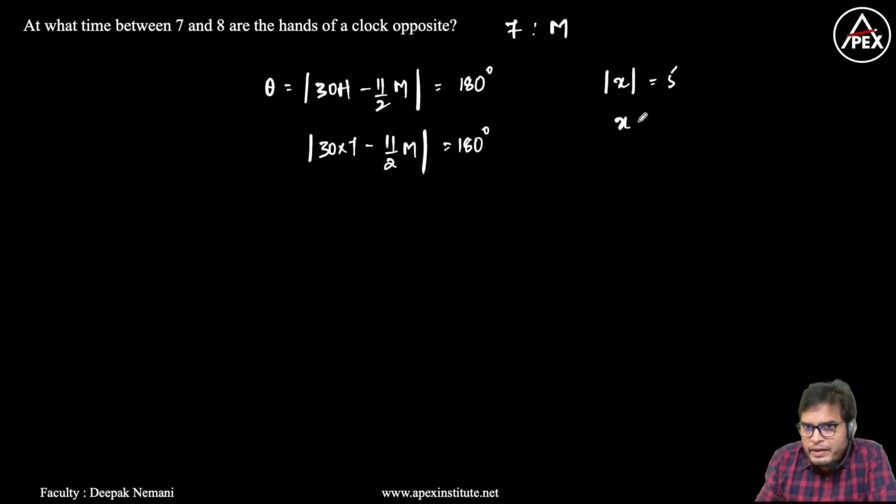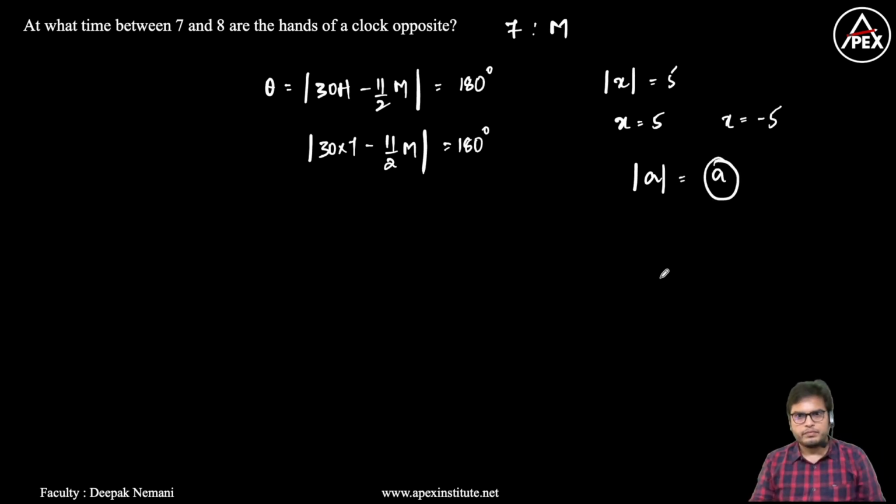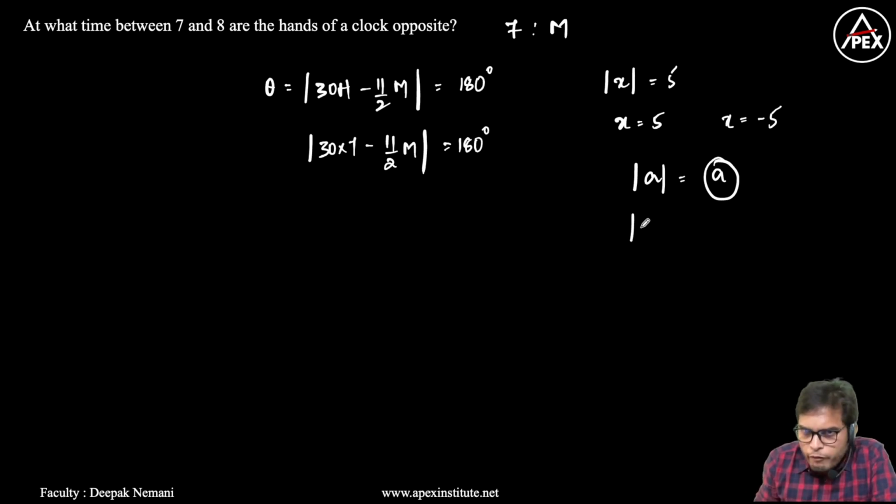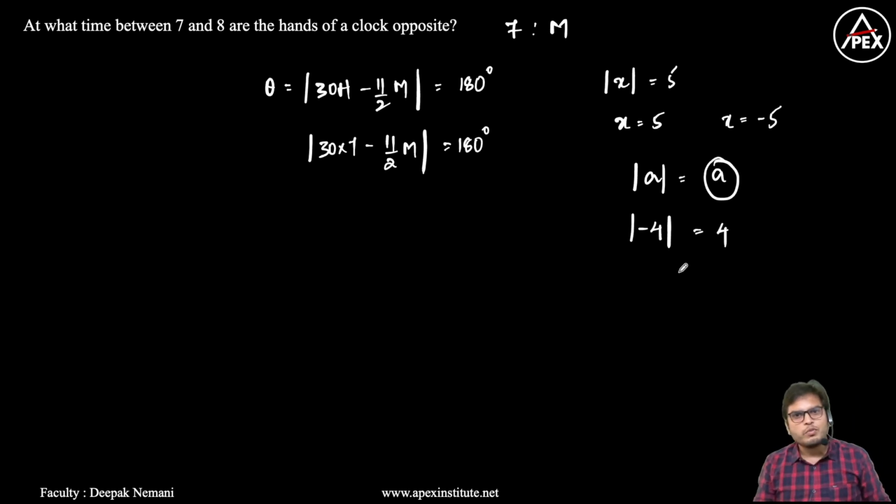Now x can be 5, and also the value of x can be minus 5 as well. So when you apply modulus to any number, for example a, the outcome should be only the magnitude of a. Right? So there should not be any signs involved. So the outcome of modulus will always be positive. Now for example, what will be the value of mod minus 4? This has to be 4 only, because modulus should always be positive.